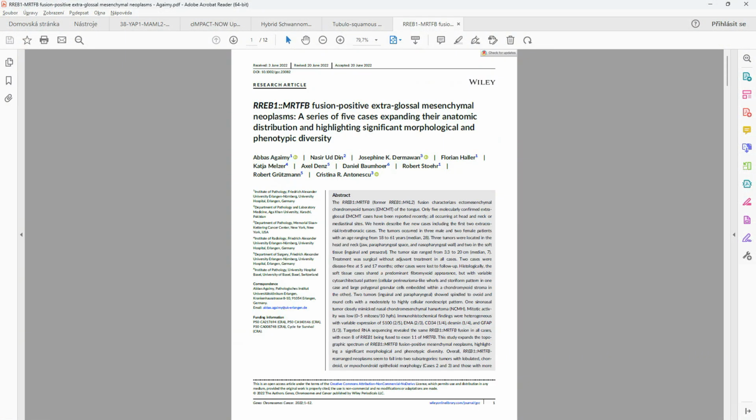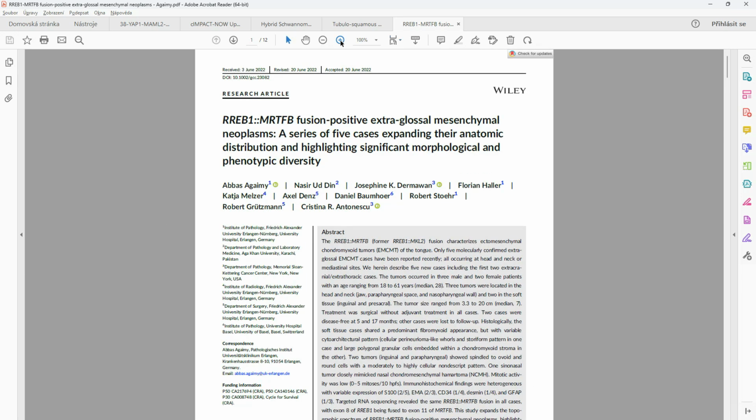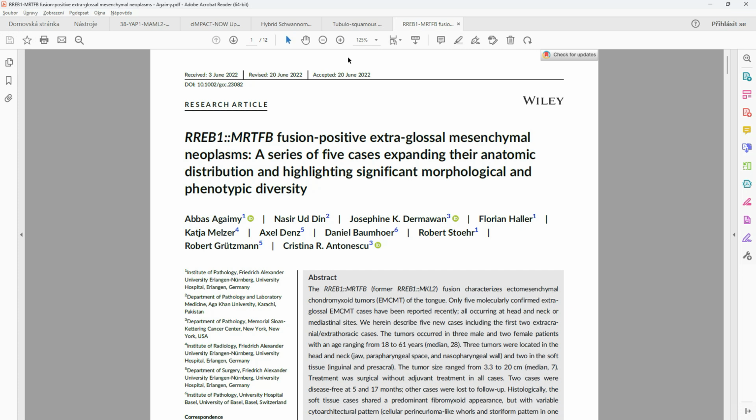But when the molecular came back, I had to change my idea. So this is a recently described and still evolving group of mesenchymal tumors. I'm sure Alena Skalova and other head and neck people know this fusion because it has been described in ectomesenchymal chondromyxoid tumors of the tongue.